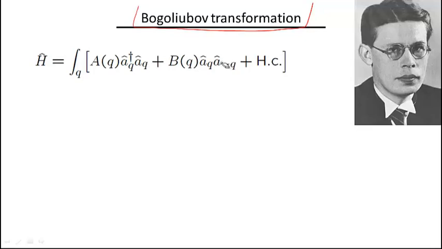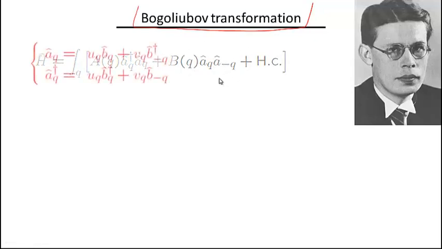So let me just present a form, knowing the result of course, but it will save us some time. Let me present the form of this generic Bogoliubov transform that accomplishes what I want, namely that introduces new operators, in this case b sub q and b dagger sub q, which are linear combinations of a and a dagger, or vice versa: a and a dagger are linear combinations of b and b dagger.